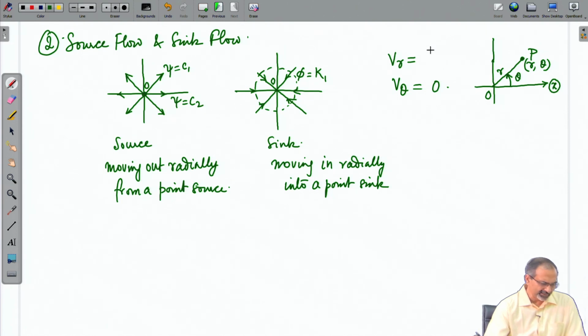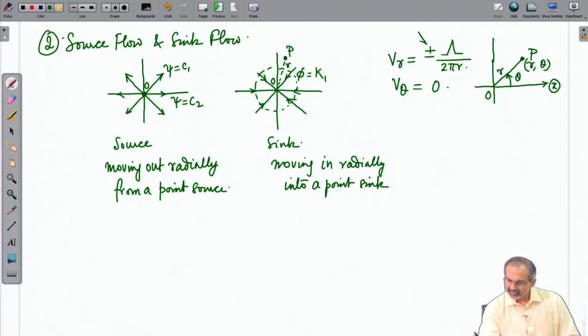Now, V r in this case, if you were to represent it simultaneously for a source and a sink, will be plus or minus capital lambda by 2 pi r, r being the radial distance of a point. So, if the point is here, then this is the radial distance r.